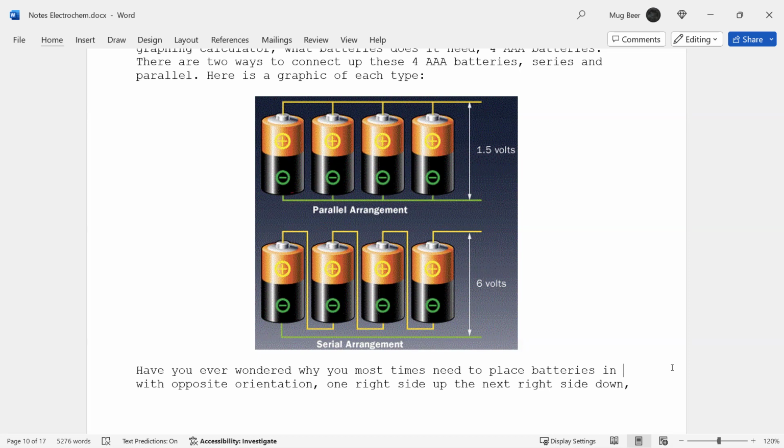So this is called the parallel arrangement, and this is called a series arrangement. So if you hook things up in series, you can make the voltages build up on top of each other. And if you hook them up in parallel, you can just make it last a lot longer. So my truck has 2 12-volt batteries in it, although the system is all 12 volts.